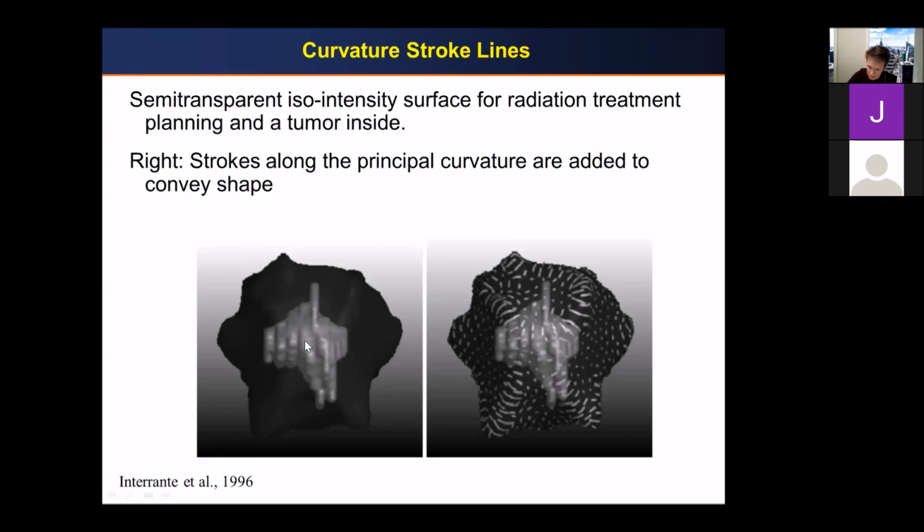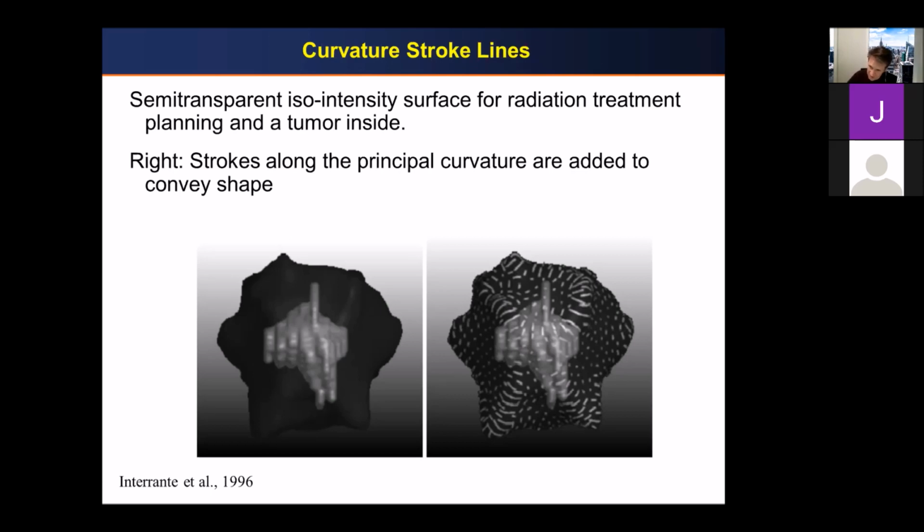This is a tumor, by the way, in a lung, and this was made for radiation treatment, but let's forget what it is for. The key is really to show how the outside surface looks with respect to the inside. How can you bring out the geometry of the outside surface when you do semi-transparent volume rendering? How can you do that?